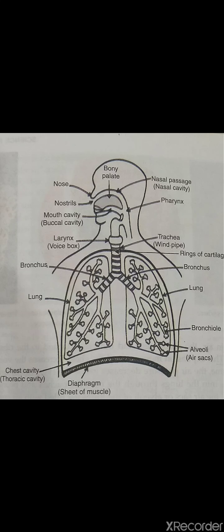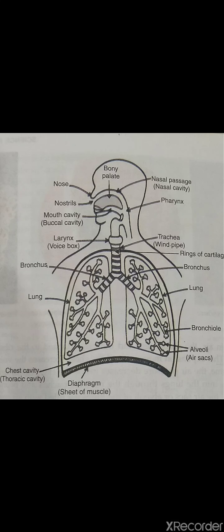This oxidation of food, which produces energy during respiration, takes place in the cell organelle called mitochondria. Fine. So mitochondria is a cell organelle which produces energy after the oxidation of food in the presence of oxygen.